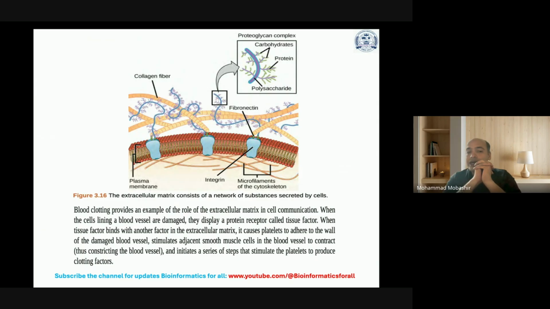When tissue factor binds with another factor in ECM or extracellular matrix, it causes platelets to adhere to the cell, sorry, to the wall of the damaged blood vessel, thus stimulating adjacent smooth muscle cells in the blood vessel to contract. Or it initiates a series of steps that stimulate the platelets to produce clotting factors, leading to a blood clot.